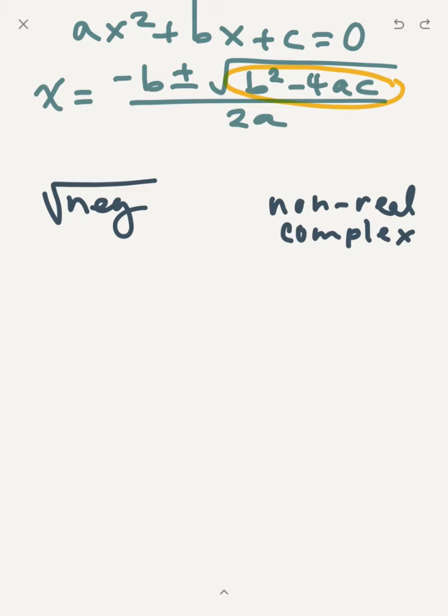If I have one answer that is the positive version of that and another answer that uses the negative version of that, that means that I am going to have two non-real complex answers. But if the question is how many real answers do you have, 0 real answers.